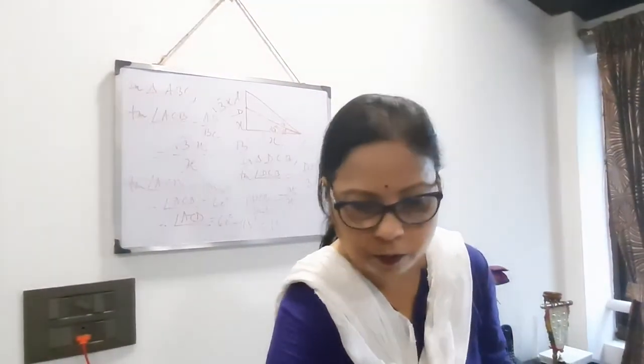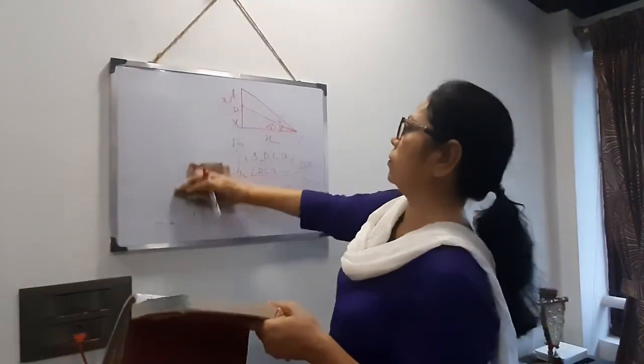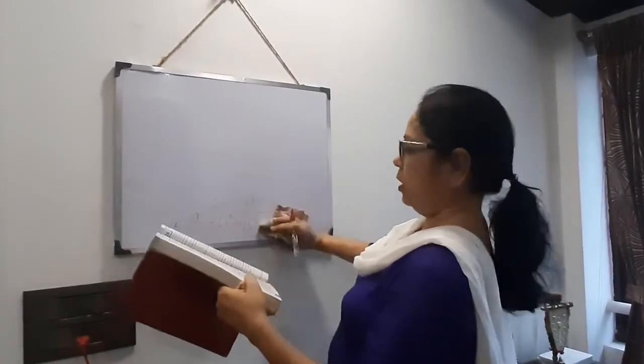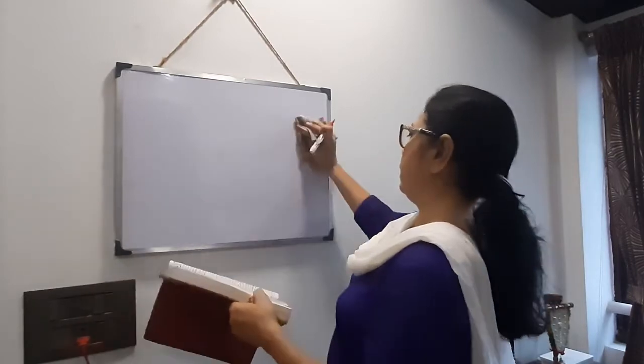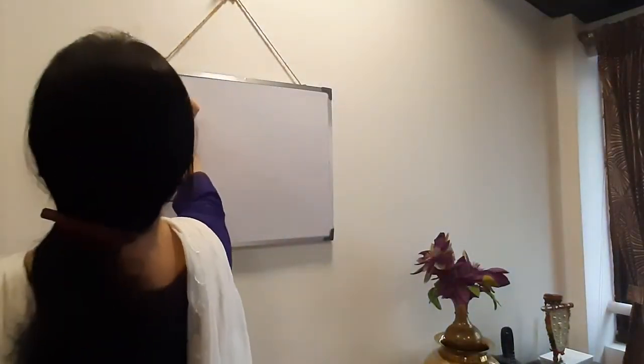And last one of SAQ part. If the ratio between length of shadow of a tower and height of a tower is root over 3:1, then find the angle of elevation of the sun. Okay, number 5.